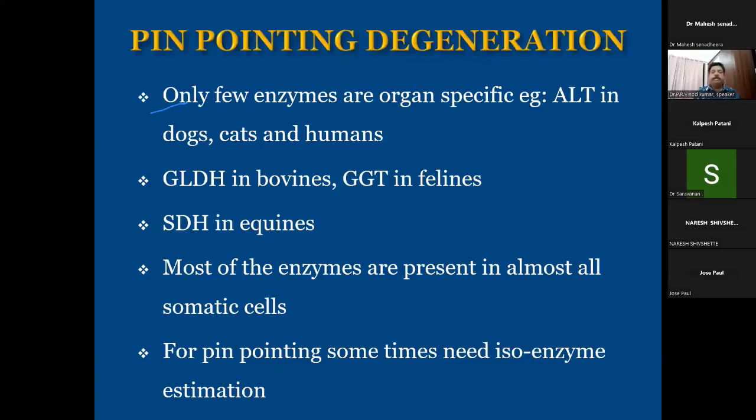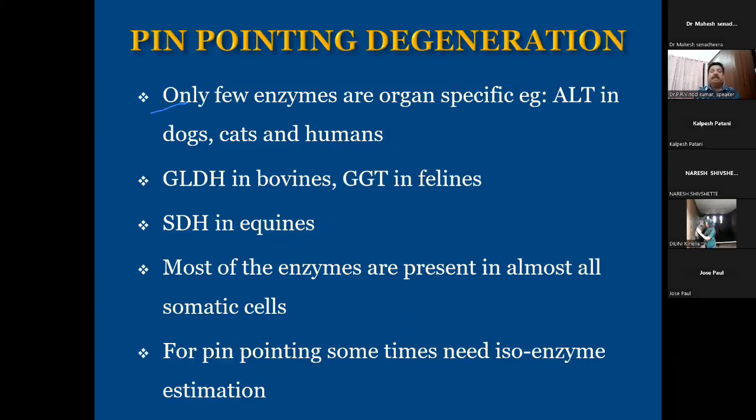Pinpointing certain degenerations. Only a few enzymes are organ specific. For example, ALT or SGPT in dogs, cats, and human beings, they're highly organ specific. So high or increased ALT in a dog or a cat or a human being clearly says that it is a hepatic insult, a liver insult. The ALT in the cow is the GLDH.